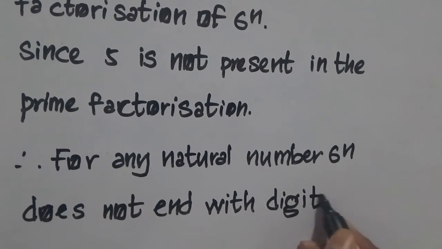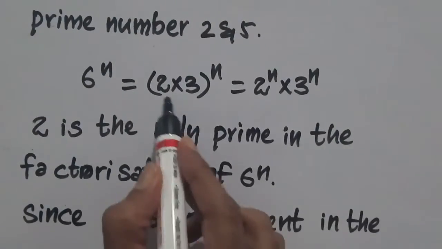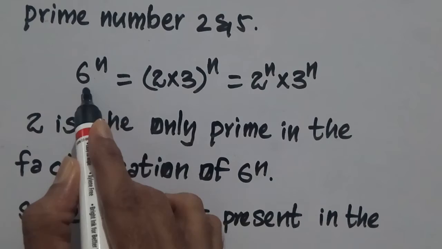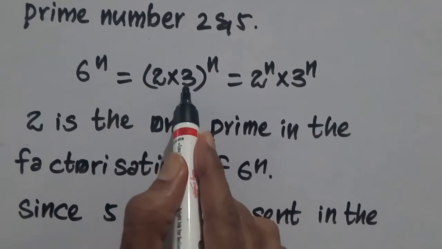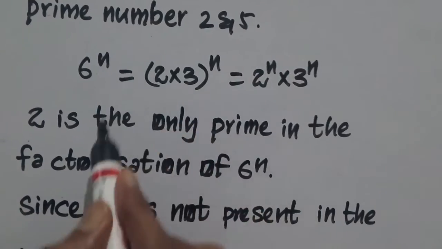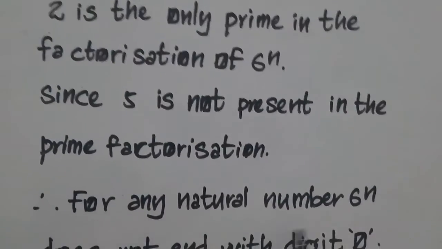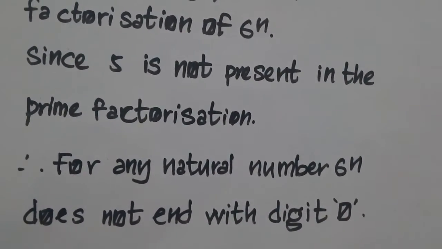Why? Because if 2 and 5 factors are there, it is divisible by this number, and the last digit will be 0. But here 2 and only 2 is in the prime factorization, 5 is not there, therefore 6 to the power of n does not end with digit 0.